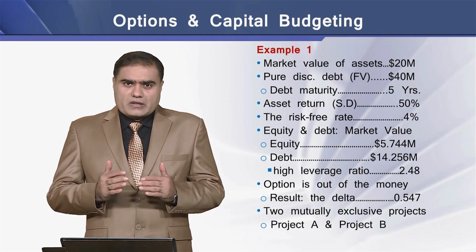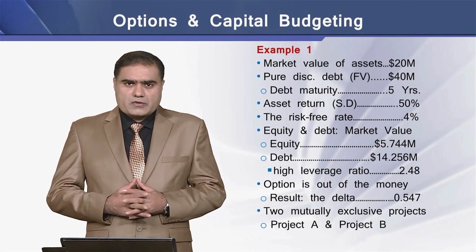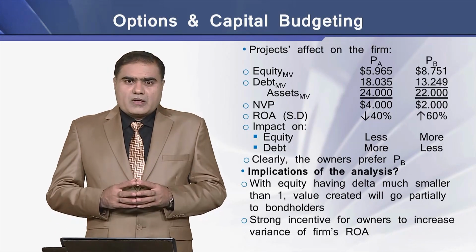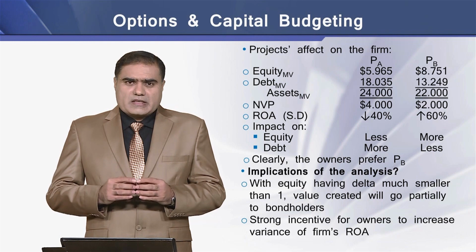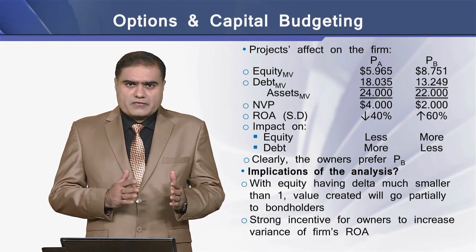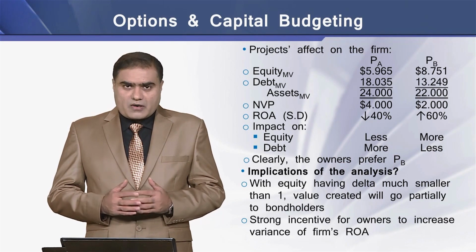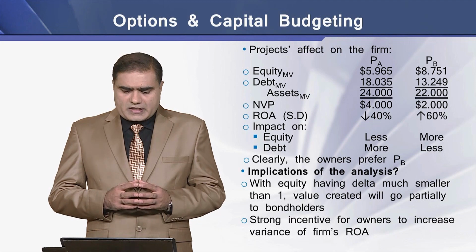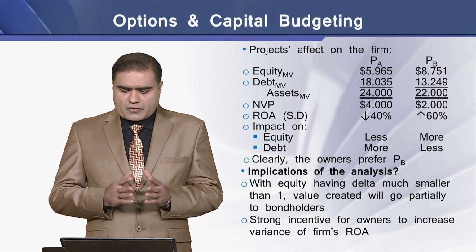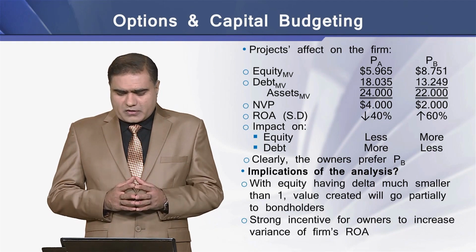0.547. Now, let's see that the firm is considering two mutually exclusive projects, Project A and Project B. If the firm considers these two projects, let's see the effects of these projects on the firm. The market value of equity of the firm in Project A is $5.895 million, and for Project B, it is $8.751 million.